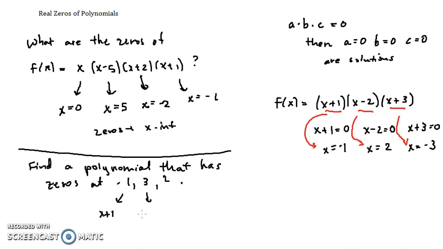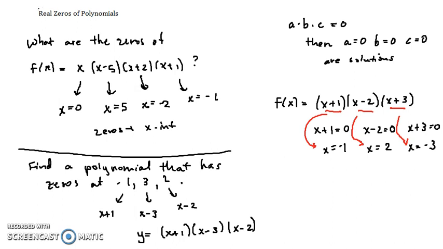A zero of 3 means we have a factor of x minus 3, and a zero at positive 2 means we have a factor of x minus 2. There could be other things going on in this polynomial, but we know that it at least has to have these 3 factors. So we would have x plus 1, x minus 3, and x minus 2. And the book will say answers may vary because there could be a coefficient out front, there could be exponents, but we know that this is one possible polynomial if we have those factors.